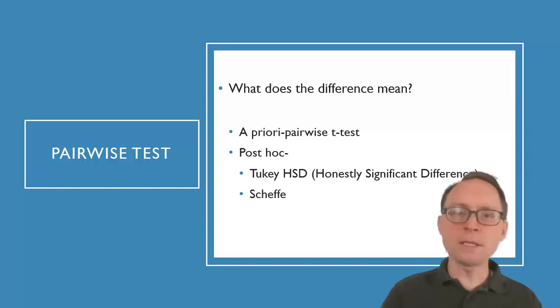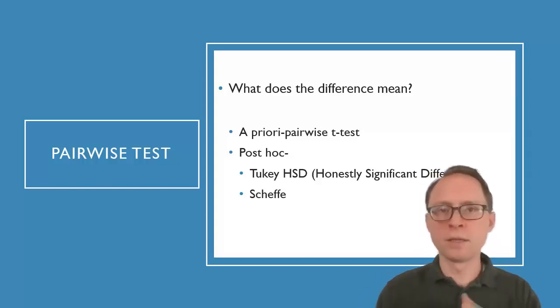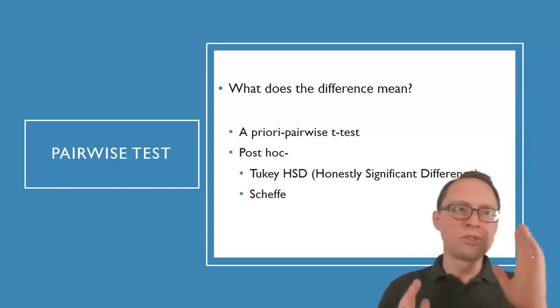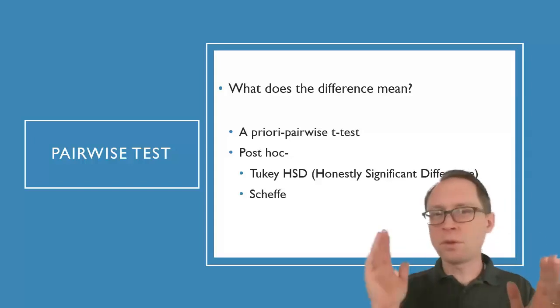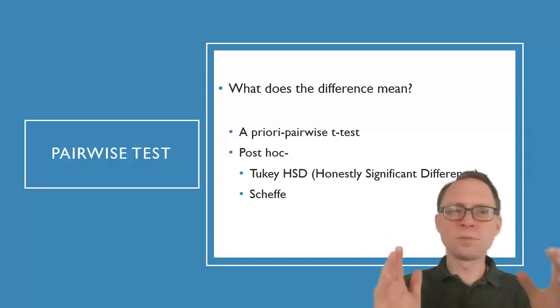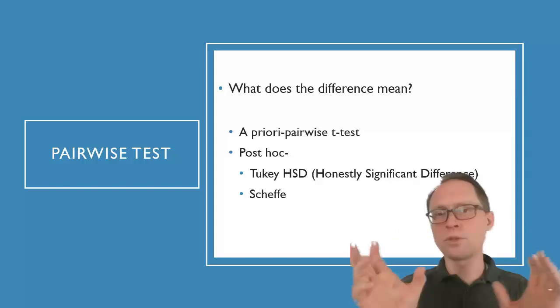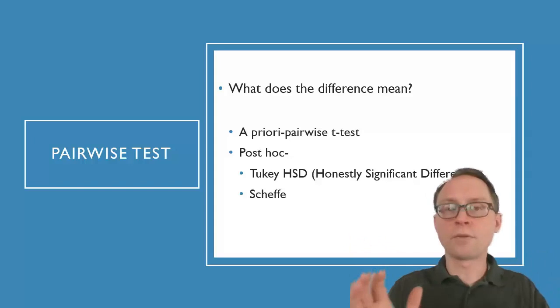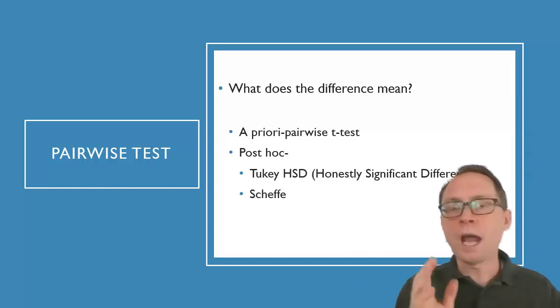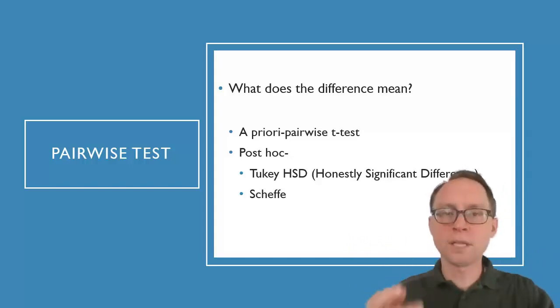Well, if I get a significant F test, all it means is that there's a difference somewhere. I don't know if Jay-Z is more than Justin Bieber and more than Beyonce, or Beyonce is more than Justin Bieber, or both Jay-Z and Beyonce are better than Justin Bieber. I don't know based off of that statistic. I have to run a secondary test.